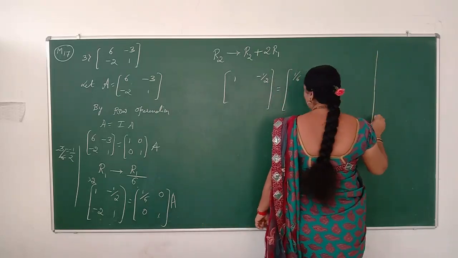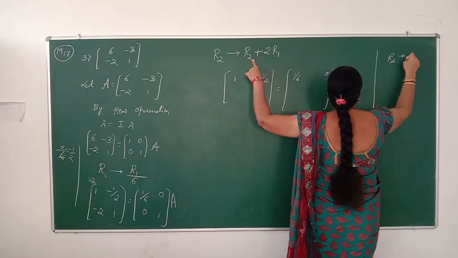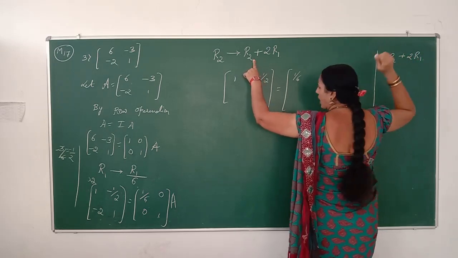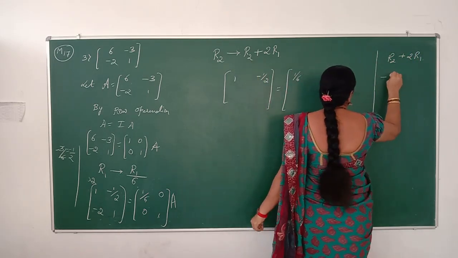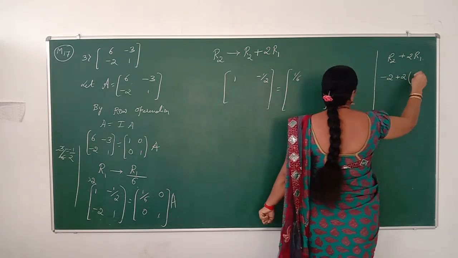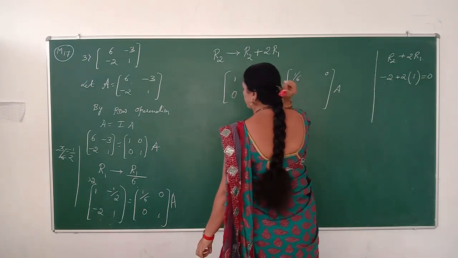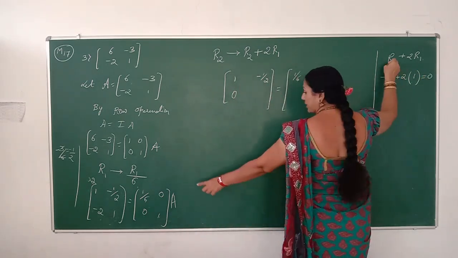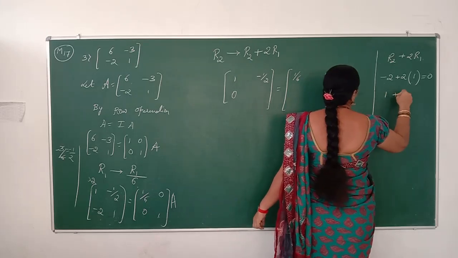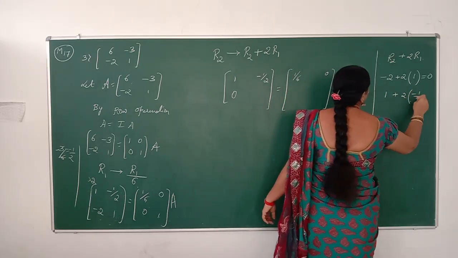Then the second row: the equation is R2 plus 2 times R1, where R2 is minus 2 plus 2 times R1, which is 1. So minus 2 plus 2 is 0. Similarly, the second element of R2 is 1 plus 2 times R1, which is minus 1 by 2.